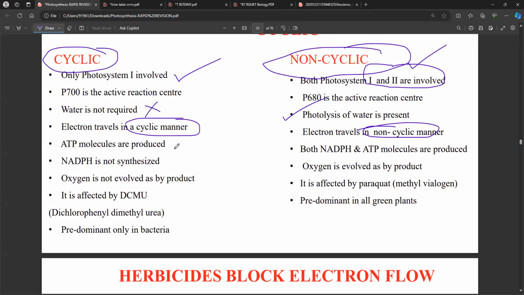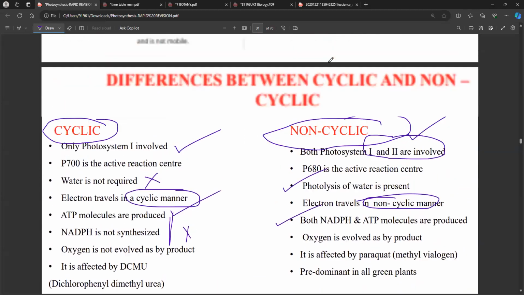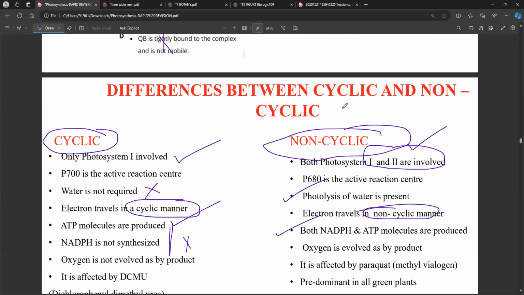As we already studied, in the cyclic, both ATP and NADPH cannot be synthesized. Only ATP, there is no NADPH, but here we can synthesize both. Again, I have told all of you many times, friends, in our exams the most common are the inhibitor or regulatory questions.